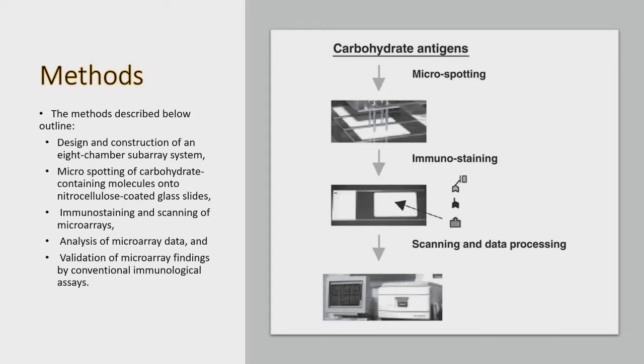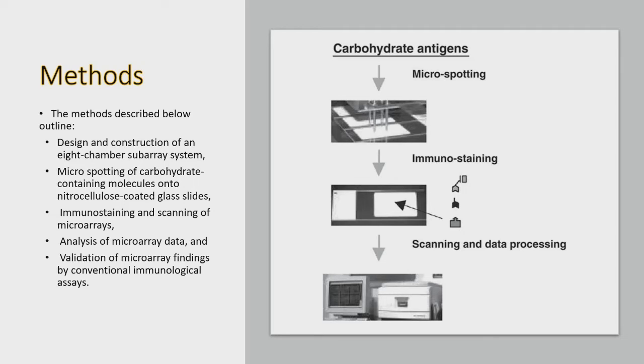Then comes the immunostaining and scanning of microarrays. The staining procedure for the carbohydrate microarrays is basically identical to the routine procedure for immunohistology. Then lastly, there is the validation of microarray findings by conventional immunological assays. It is highly recommended that microarray findings be verified using other experimental approaches.